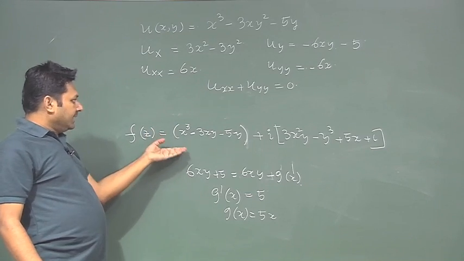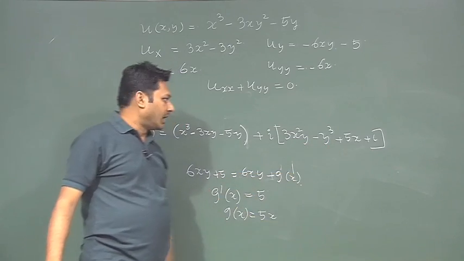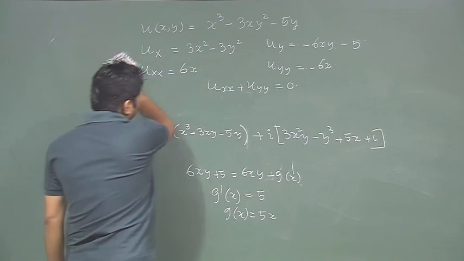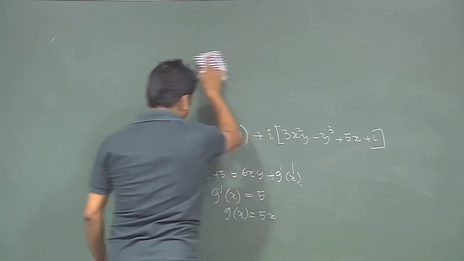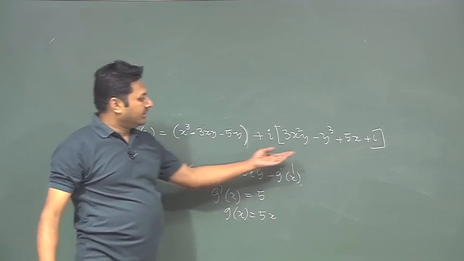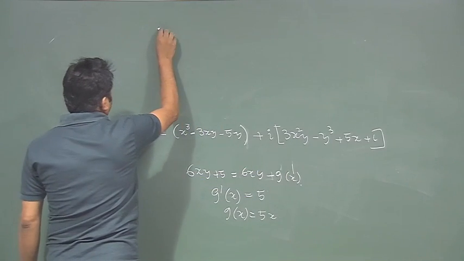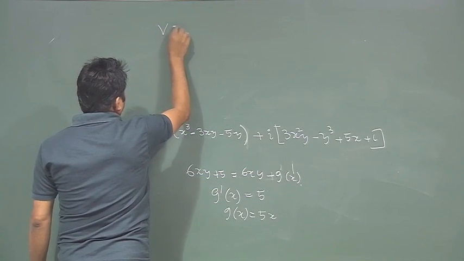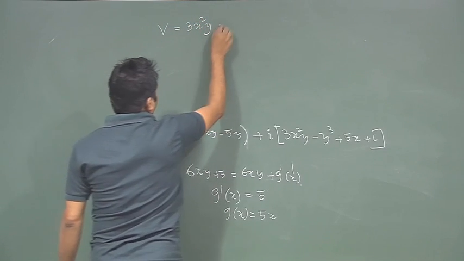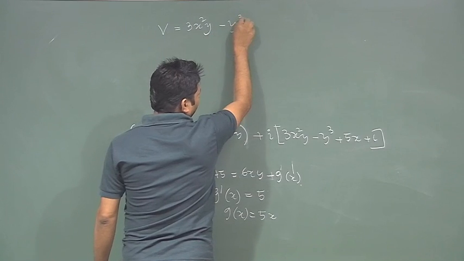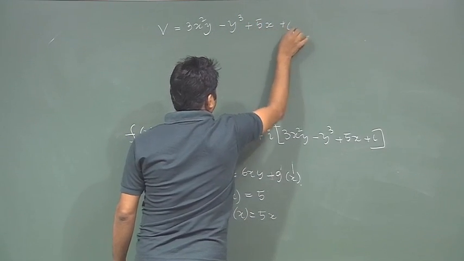Now, if this is analytic, then v should also be harmonic, and you can take it as homework to figure out whether the v I have found is harmonic. So, let me do that. v here is 3x squared y minus y cube plus 5x plus c.